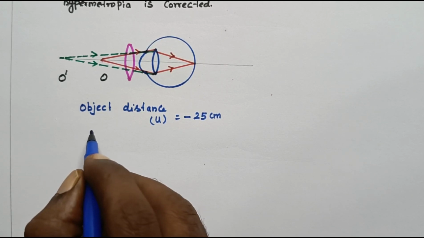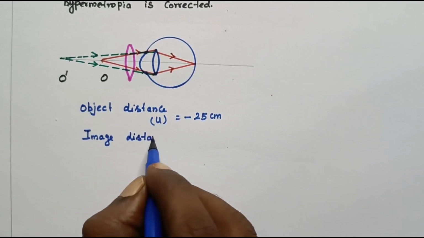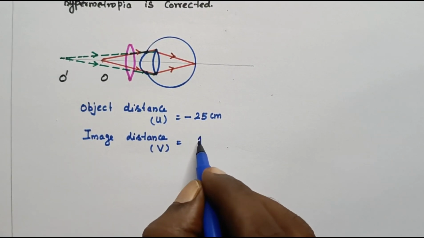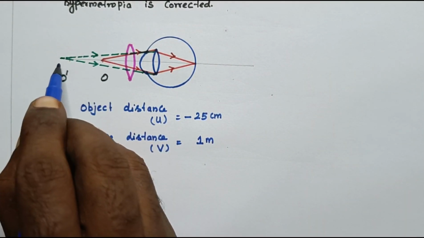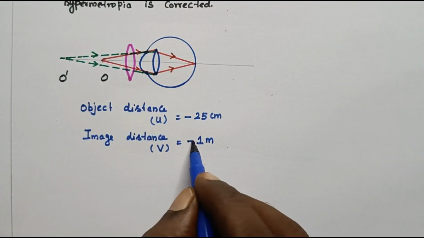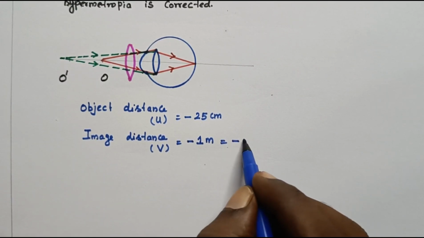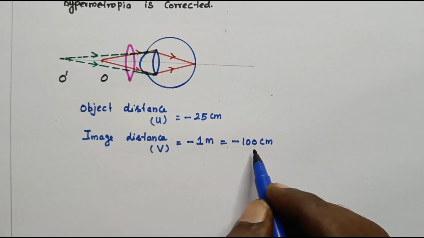It is given in the problem. So, the image distance is given as 1 meter. Since the image is formed in front of the lens, it is minus 1 meter. This can be written as minus 100 cm. So this is given in the problem.